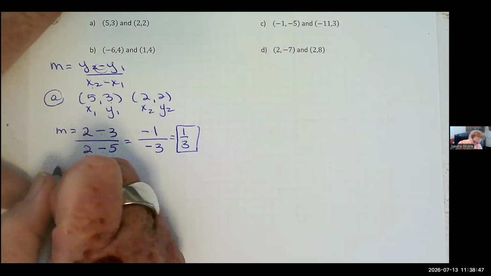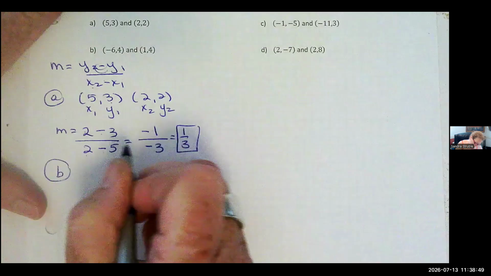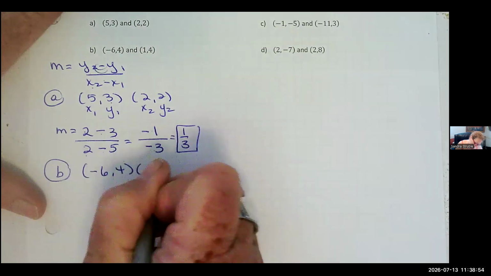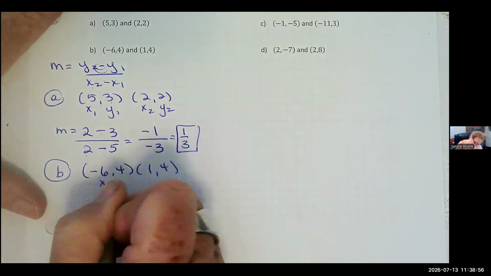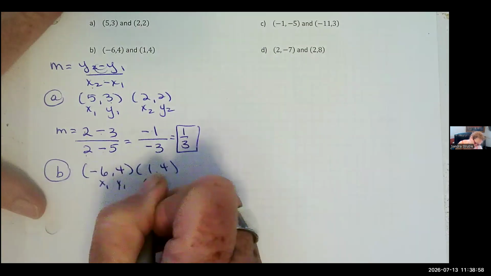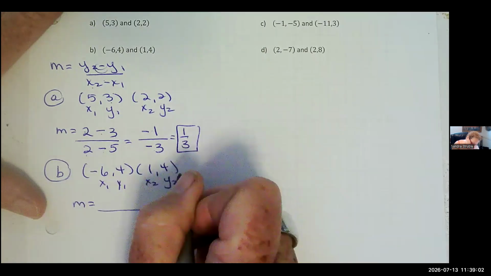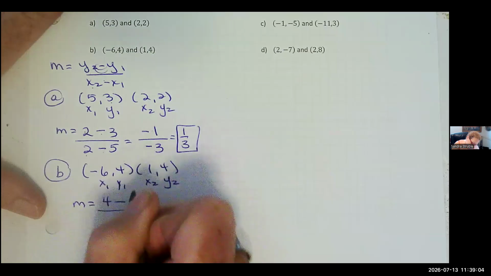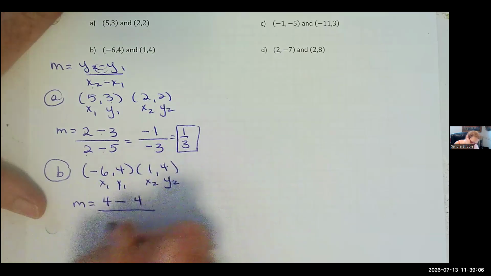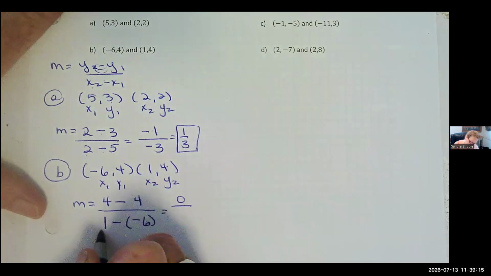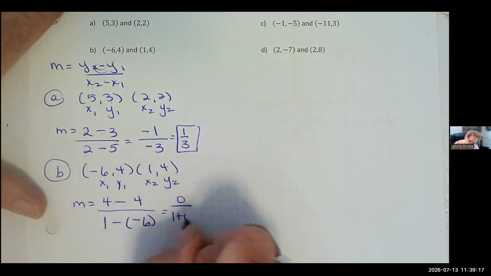All right. B is (-6, 4) and (1, 4). I'm labeling x1, y1, x2, y2, and now I plug and chug. Y sub 2 is 4, minus y sub 1 is 4, over x sub 2 is 1, minus x sub 1 is negative 6. 4 minus 4 is 0, over 1 plus 6 is 0 over 7, which is 0.